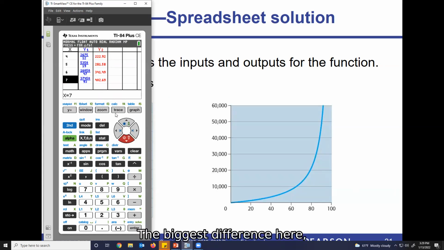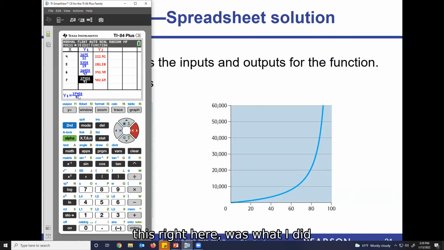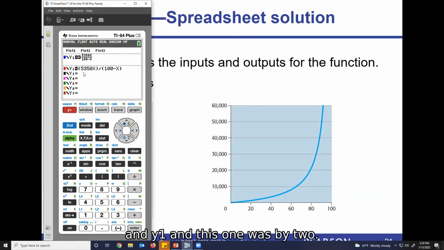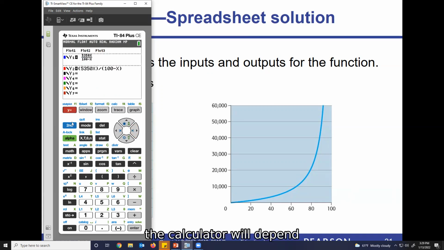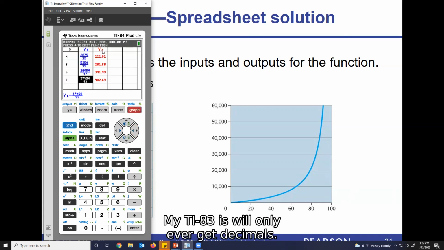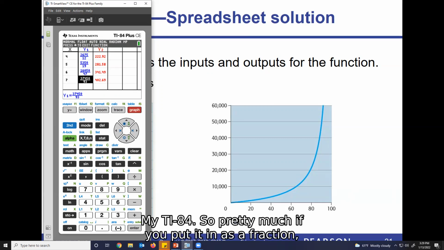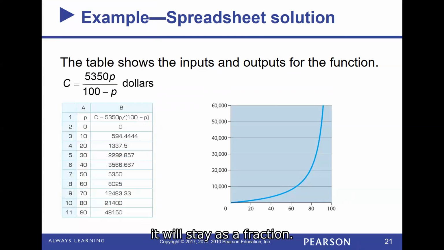The biggest difference here is that this one was what I did in Y1 and this one was Y2. How you enter it into the calculator will depend on what you get back out. My TI-83s will only ever get decimals. My TI-84s will pretty much, if you put it in as a fraction, stay as a fraction. And so we can see all the different points that came back out there, and we can see the shape of it.